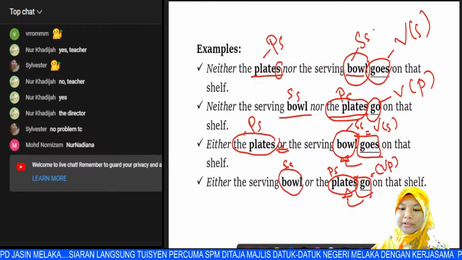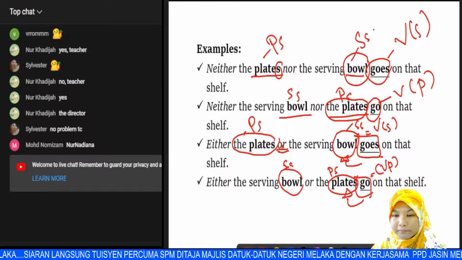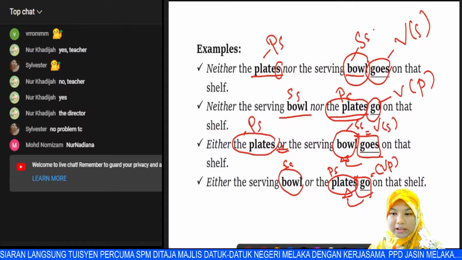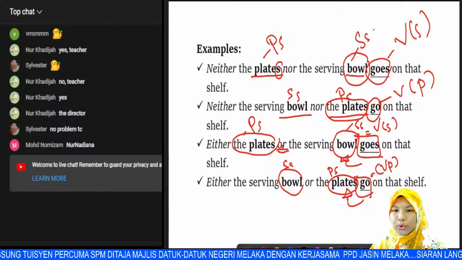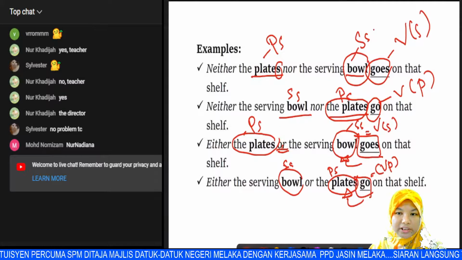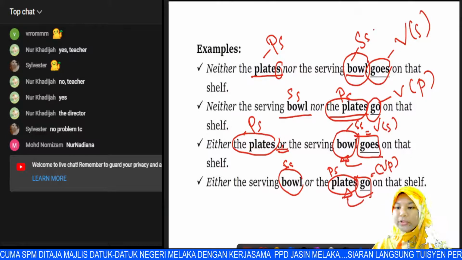That's why it applies the rule of the verb. In or, neither nor, either or sentences, the verb agrees with the noun which is closest to it, which stands next to it.